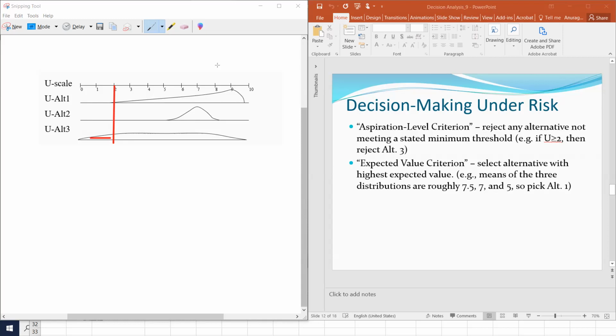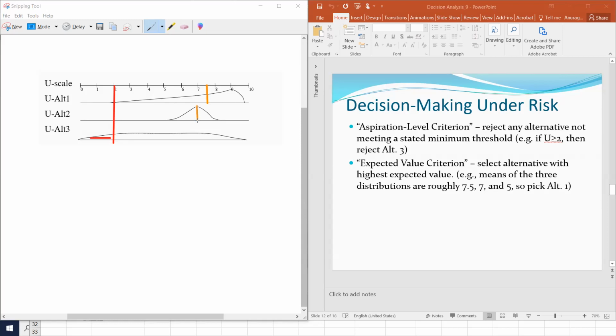Then you could have an expected value criterion. You could decide your alternative based on the alternative with the highest expected value. The expected value is typically the average. So if you look at the expected value for each of these alternatives, and let me do it in a different color here, the expected value for alternative 1 would be somewhere here, kind of in the middle of the distribution.